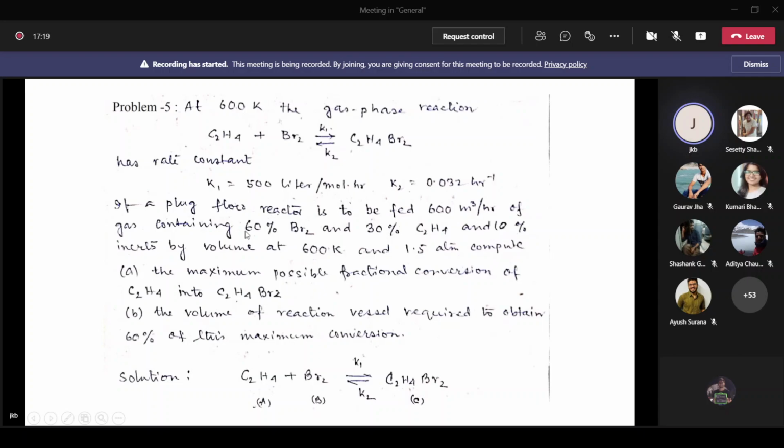The feed contains 60% bromine, 30% ethylene, and the rest, 10%, inerts. The volume is at 600 Kelvin and 1.5 atmosphere. Compute the maximum possible fractional conversion of the reaction, and the volume of reaction vessel required to obtain 60% of this maximum conversion.